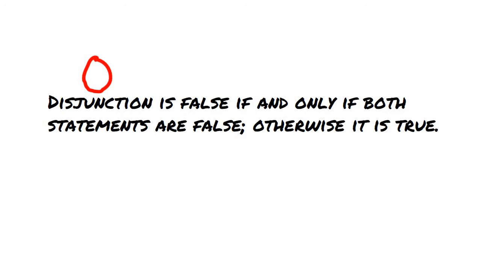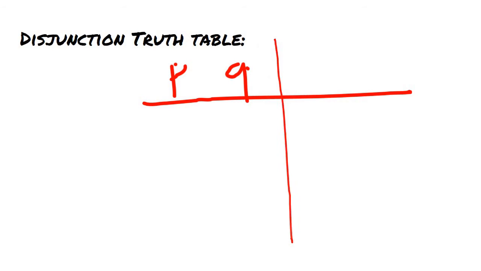We usually term this as OR, and the logical expression is P or Q. For the truth table, we have P, Q, and for the output, P or Q.